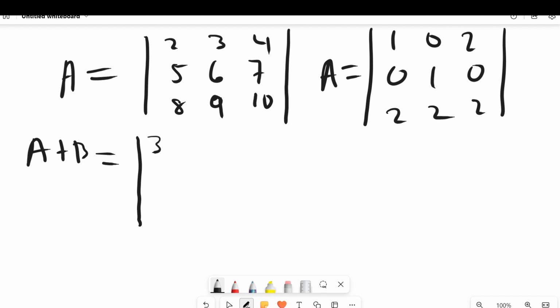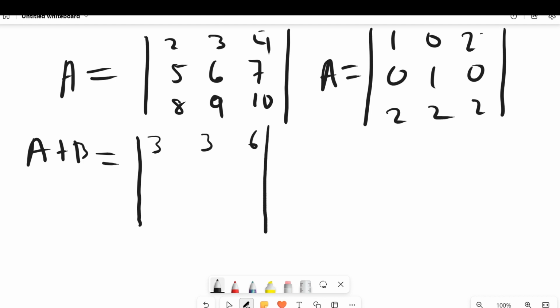And the second element of this matrix in the first row is 3, while the second element in the second matrix is 0. All right. So we're going to add 3 plus 0. That is going to give us 3. The same applies here. This and this is going to give us 6.